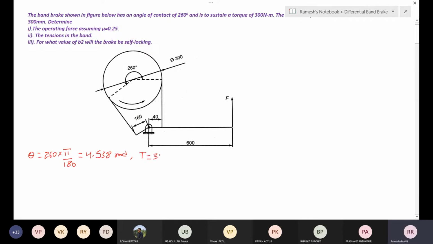Torque is equal to 300 Newton meter. And if you see the remaining dimensions, the diameter as well as all the other things, he has given in mm. For that reason, better you convert this torque into Newton mm. 1 meter is equal to 1000 mm. This is 300 into 10 raised to 3 Newton mm torque.